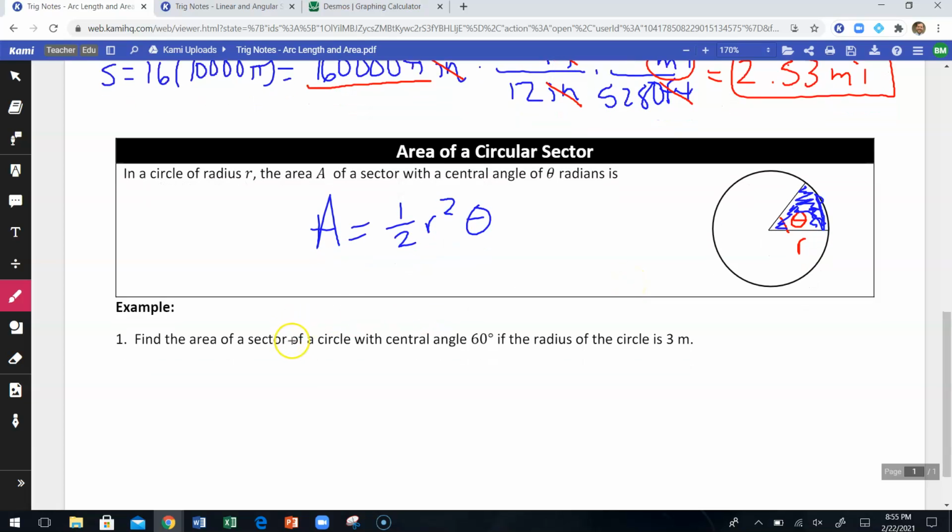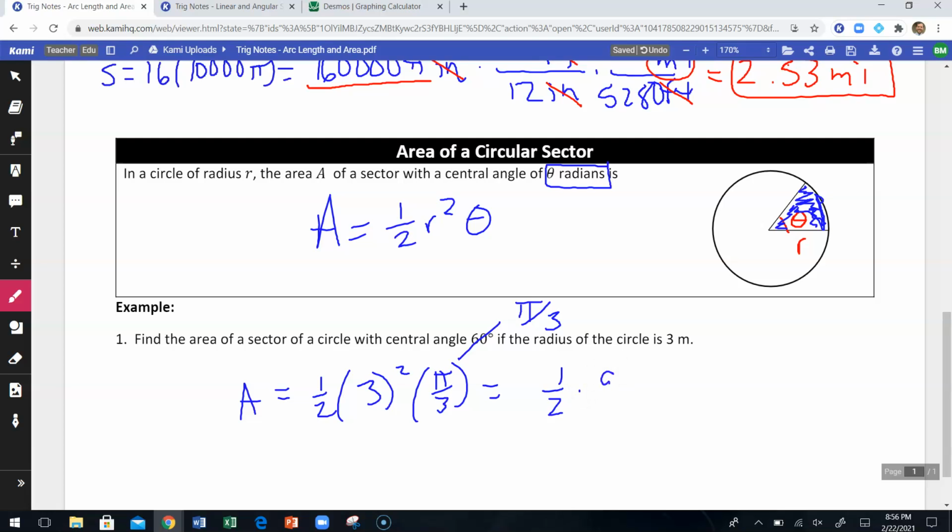So if I want to find the area of a sector of a circle where the angle is 60 degrees and the radius is 3 meters, just like the other formula, I need to make sure that my angle is in radians. So I'm going to think of this as pi over 3 radians, and then our area is simply going to be 1/2 times 3 squared times the angle pi over 3, which would be 1/2 times 9 times pi over 3.